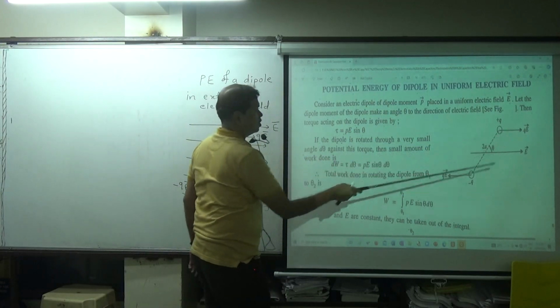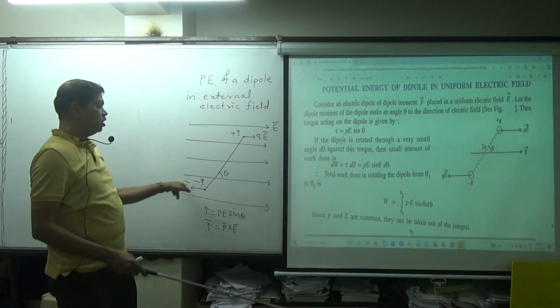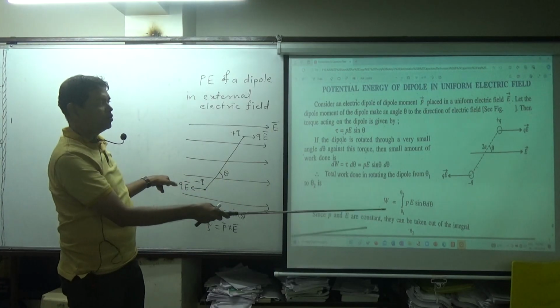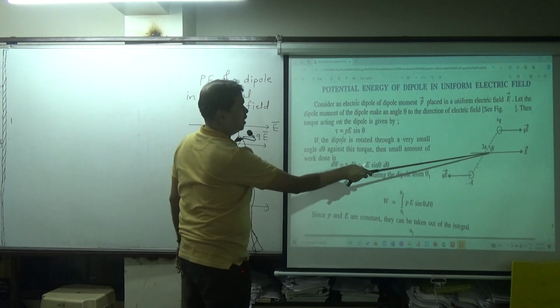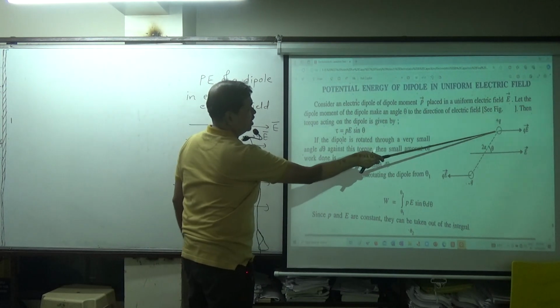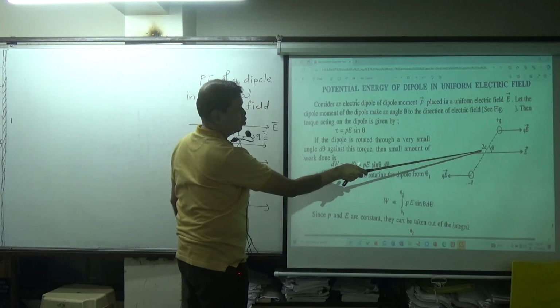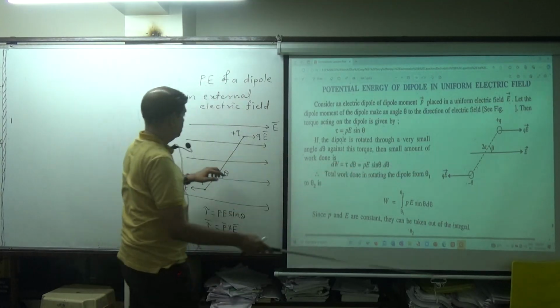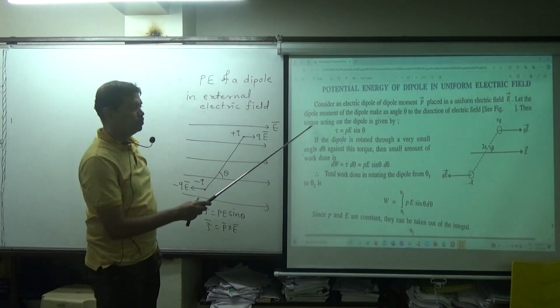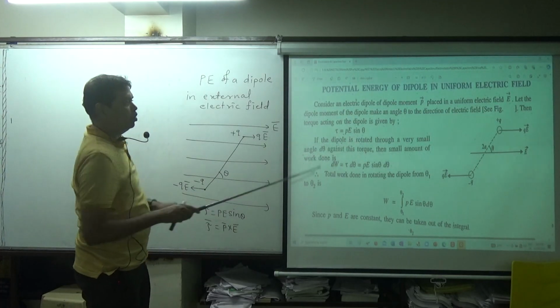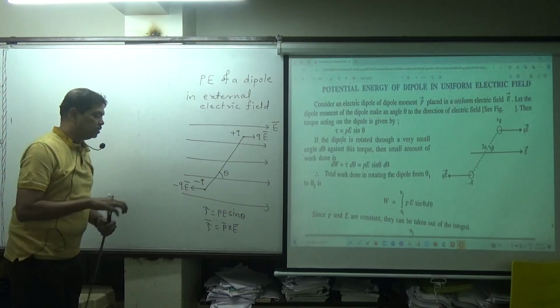So q E bar is the force, and minus q E bar, I have written leftward. The dipole moment makes an angle theta. Only they have written the length of the dipole as 2a. I used another book, so we write 2a instead, but it makes no difference. Torque acting on the dipole is given by p E sin theta.